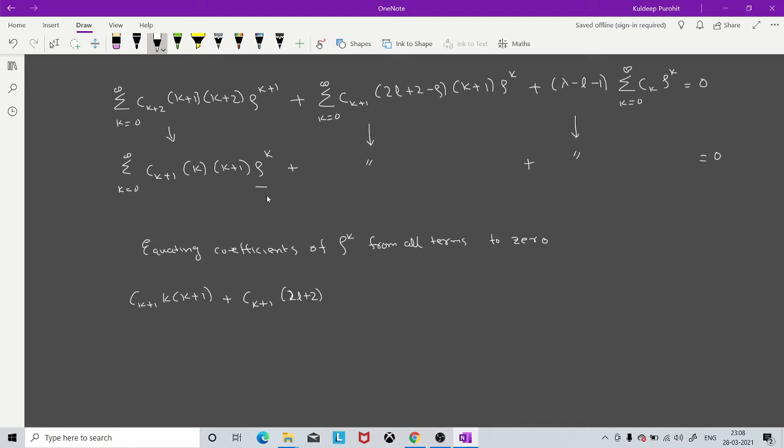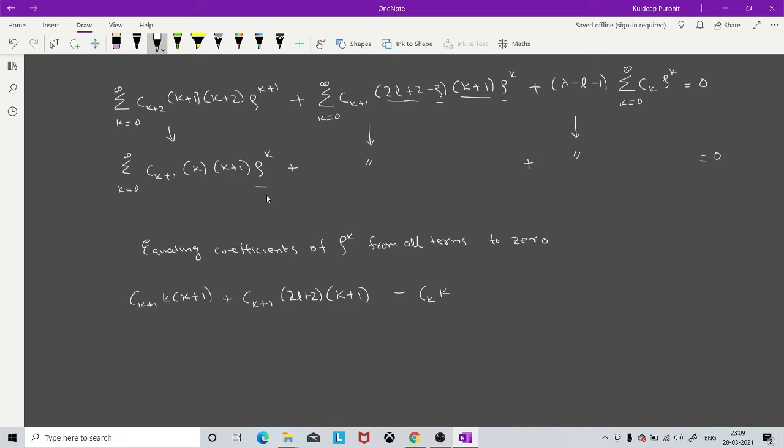So it will again make this k plus 1, so again you have to subtract one term, and then make this thing 0. So this will have k plus 1 minus ck into k, because 2l plus 2 and k plus 1 will have no problem, they will have the coefficient rho to the power k.